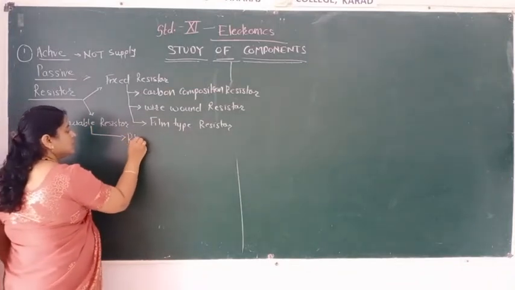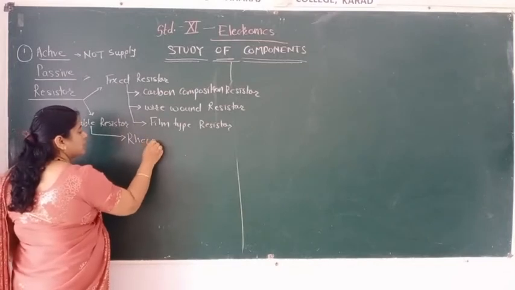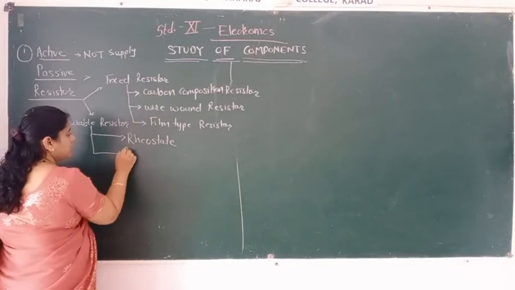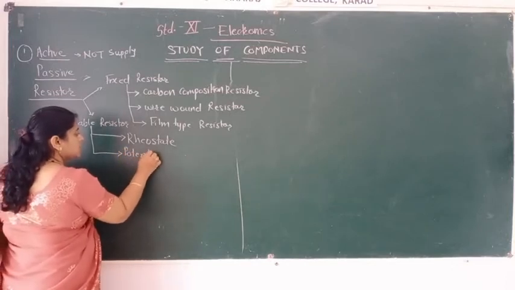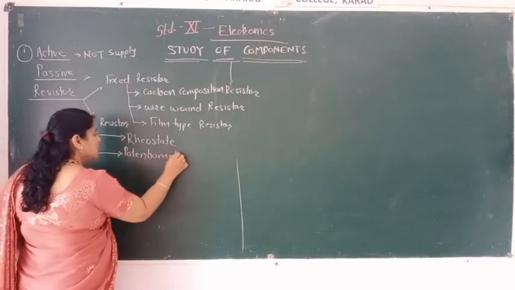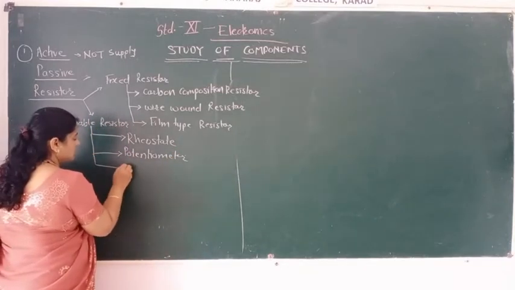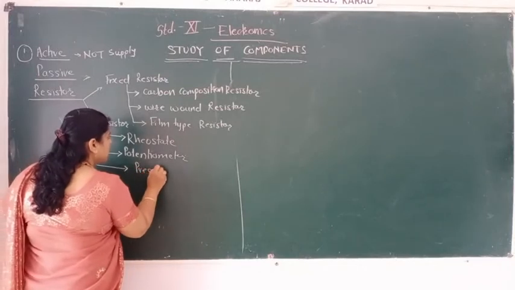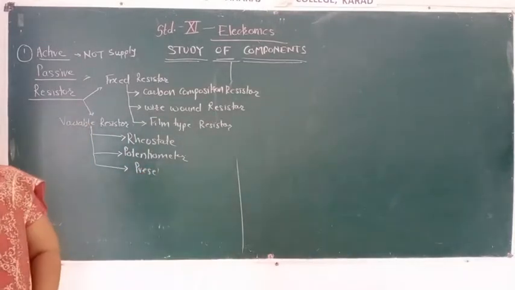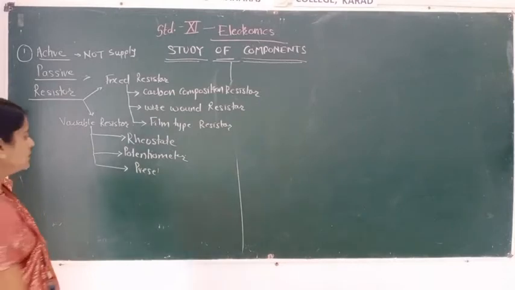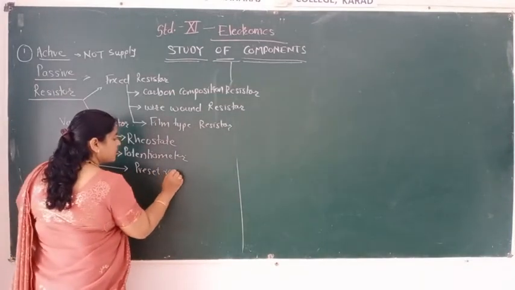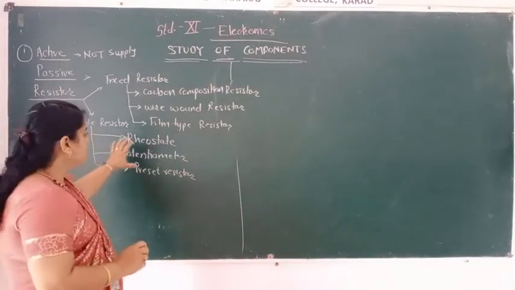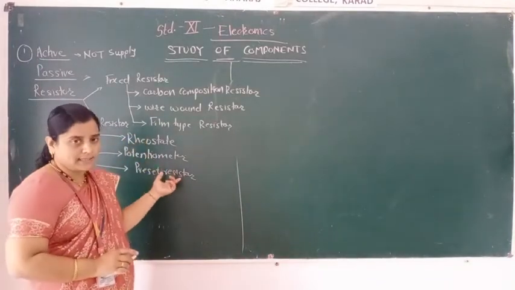First is the rheostat, second is the potentiometer, and third is the preset resistor. All these come under the variable resistor, meaning the values are not constant in this type.